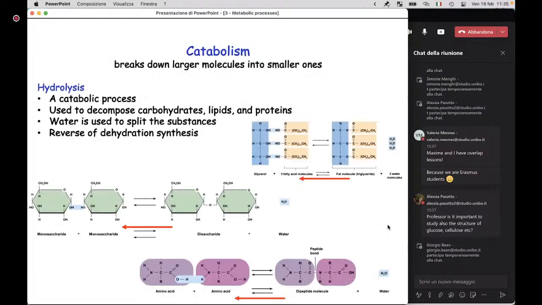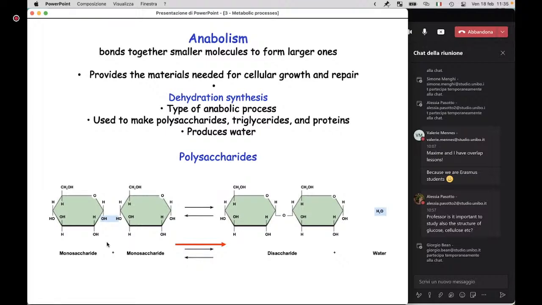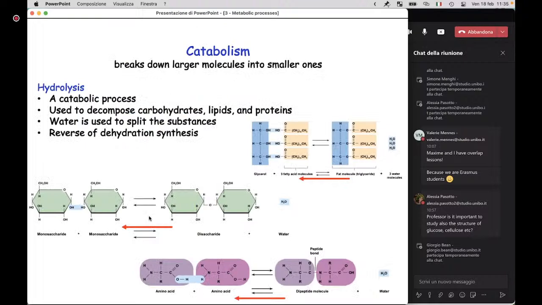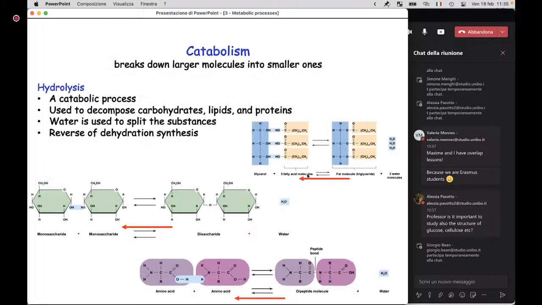Sorry, I forgot to mention that all of these reactions, both the anabolic reactions and the catabolic reactions, are mediated by enzymes. So we will have specific enzymes that catalyze anabolic reactions and enzymes that catalyze catabolic reactions.